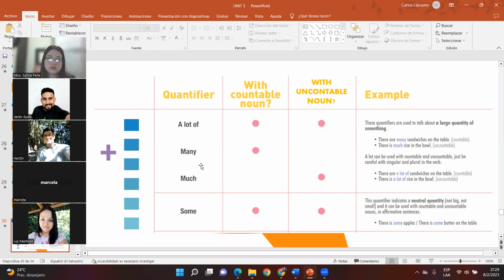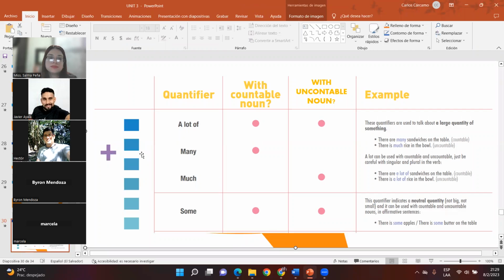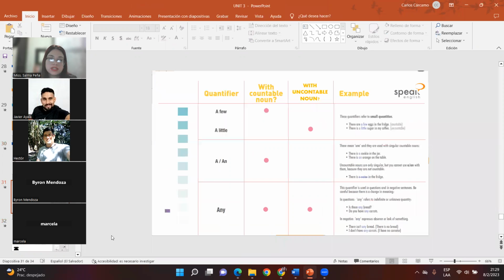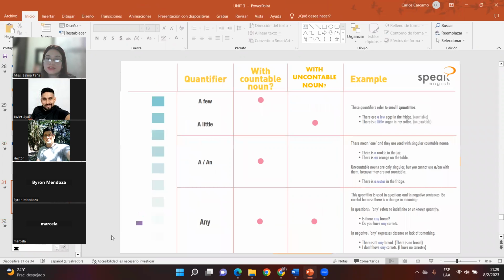No, it's clear. No, teacher. Okay. So in the next part, we have the other group of quantifiers: a few, a little, a, and any.